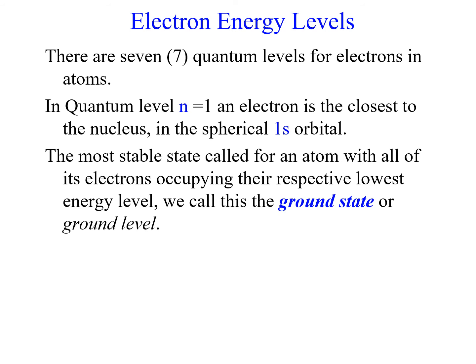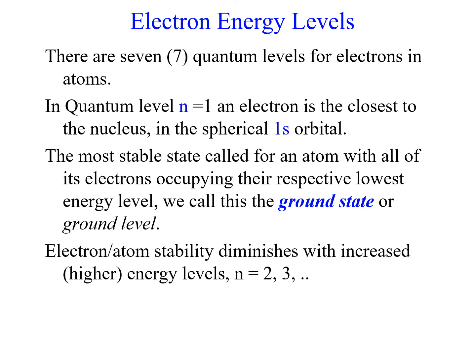The most stable state for an atom, with all of its electrons occupying their respective lowest energy levels, we call the ground state. That's where there are no external forces or interactions to bring it to an excited state. So in its rested state, it's called the ground state, or ground level.